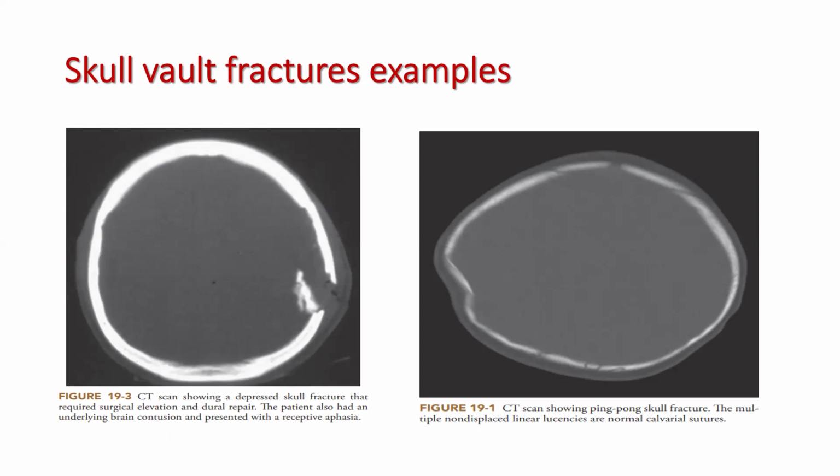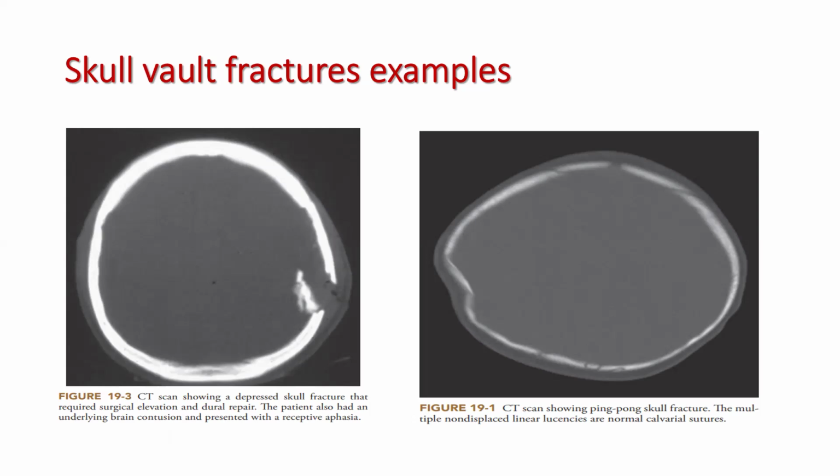You can see the bone fragment here. It has broken off and been displaced inside. We will be looking at which depressed skull fractures qualify for surgical elevation in the subsequent discussion.